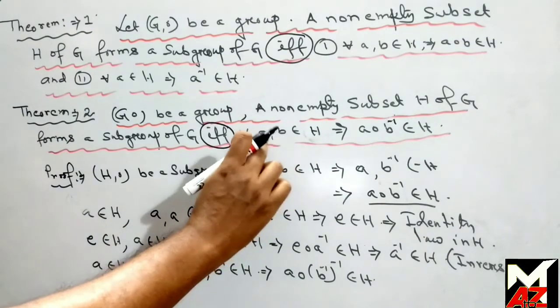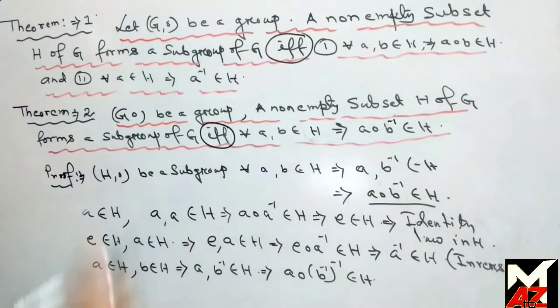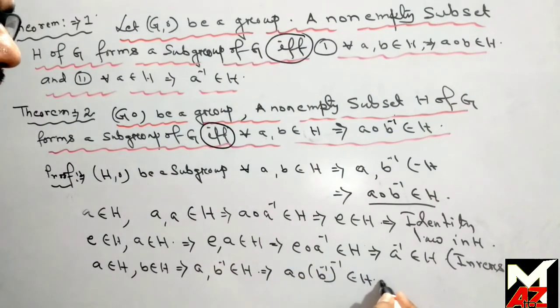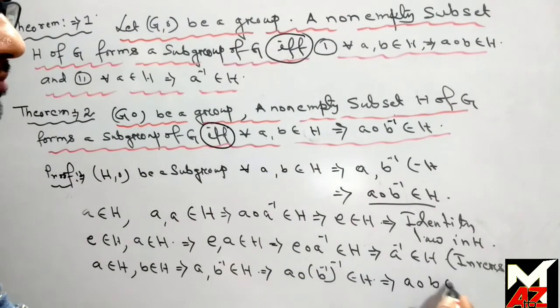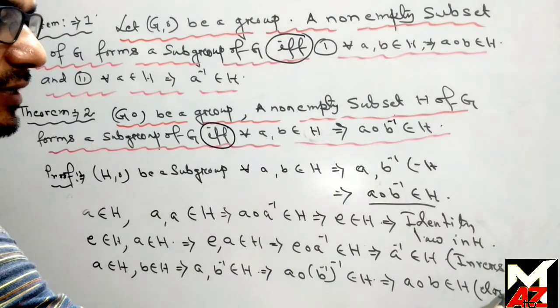If A and B belong to H, then A compose B inverse belongs to H, and here we get A B inverse belongs to H, then we get (A composition B inverse) whole inverse belongs to H, and this gives A compose B belongs to H, and this is the closure property.